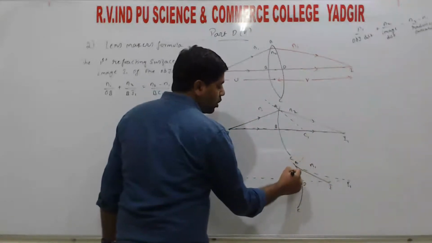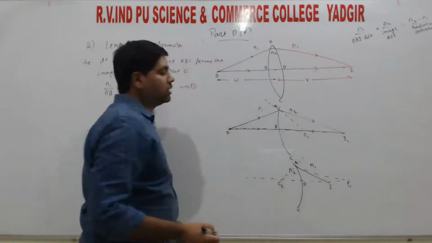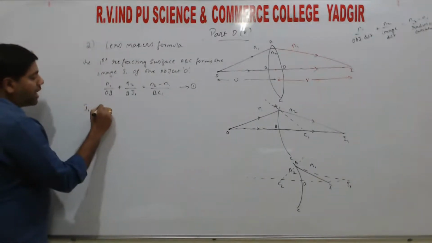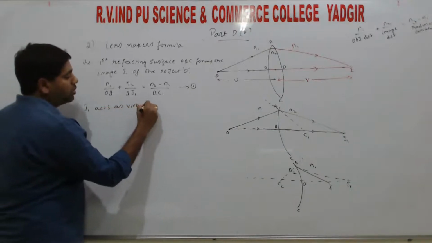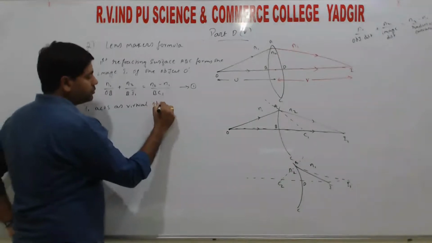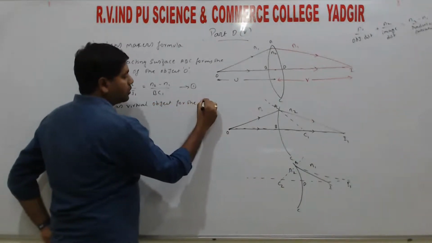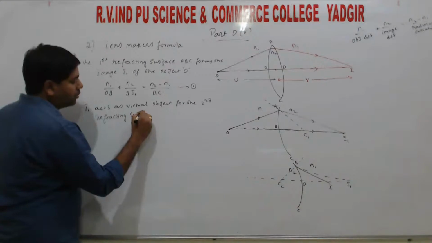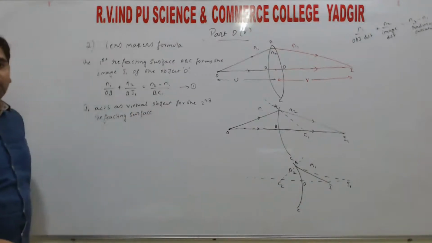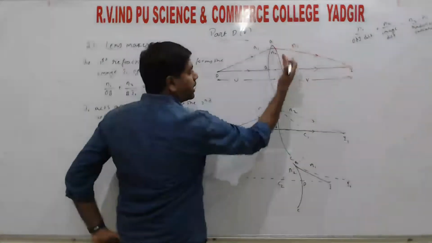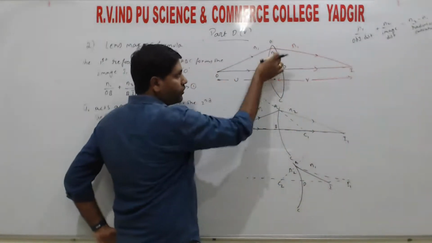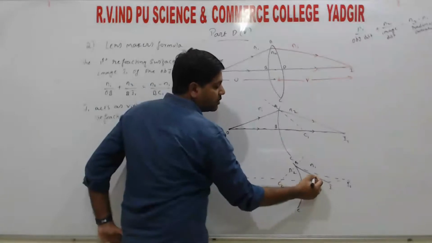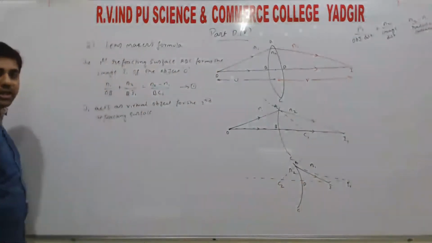By drawing the normal perpendicular, it will meet at the center of curvature, which we take as C2, right?